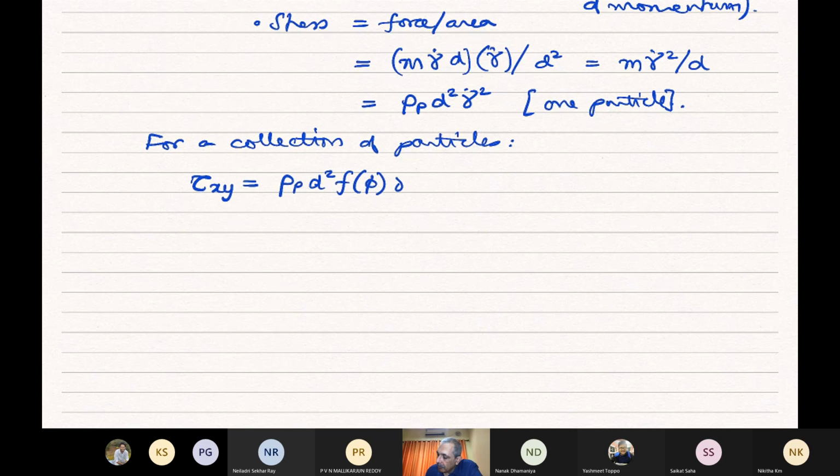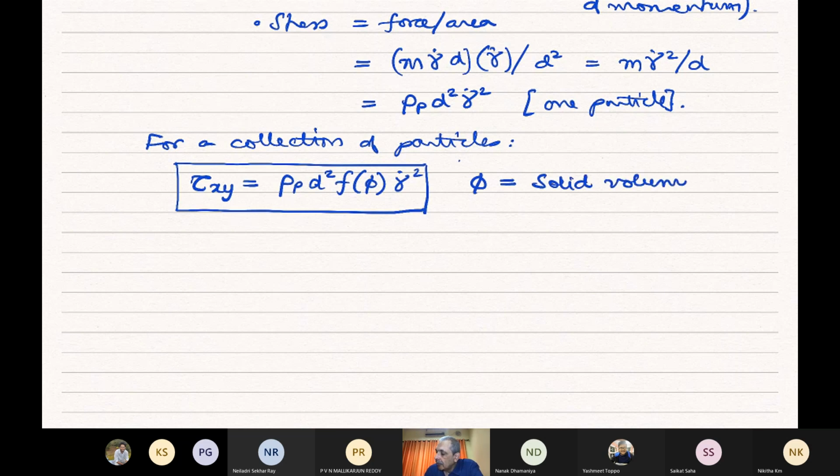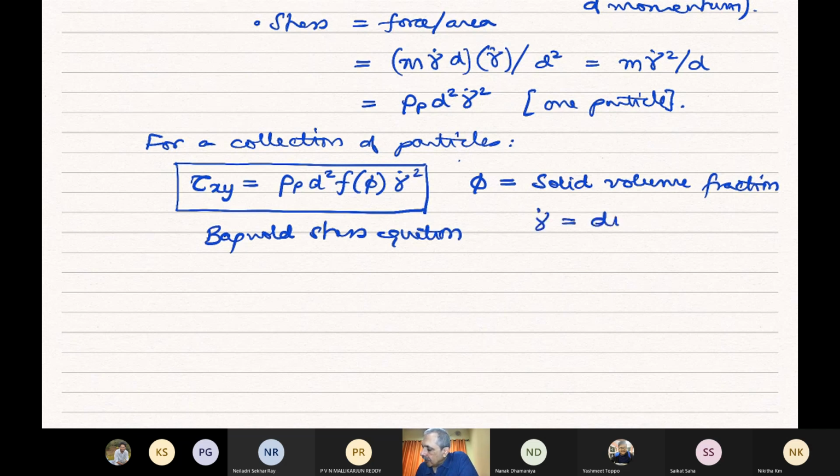So this is what is known as the Bagnold stress equation. Here, let me write down, phi is just the solid volume fraction. And of course, remember gamma dot is nothing but dux by dy.